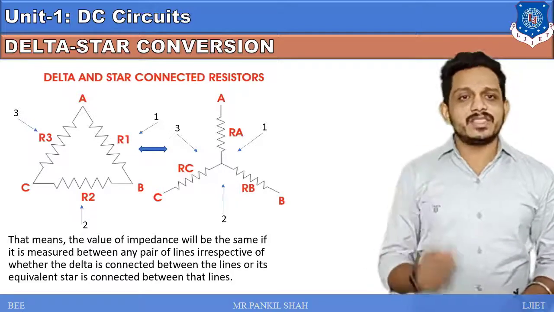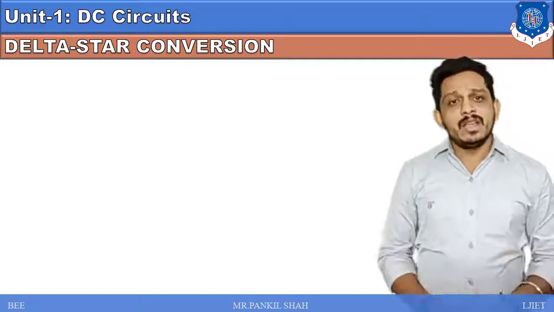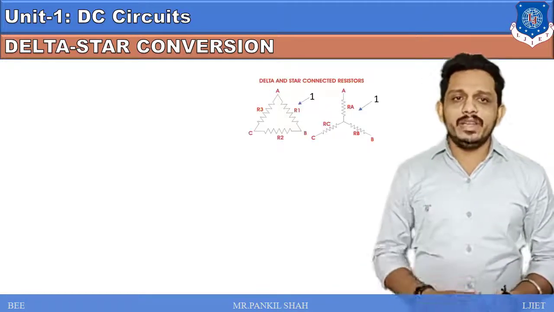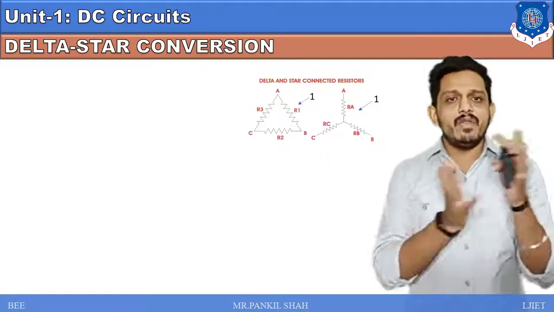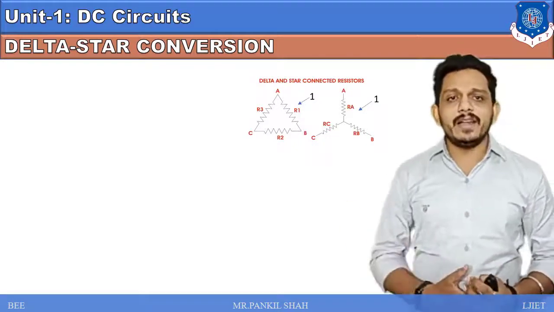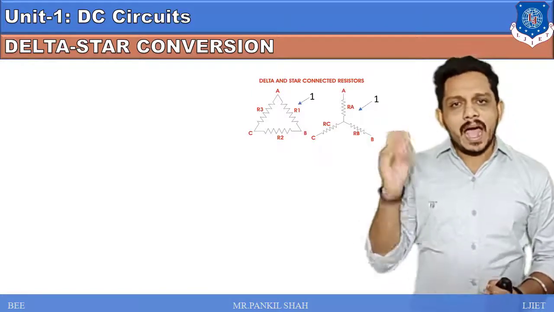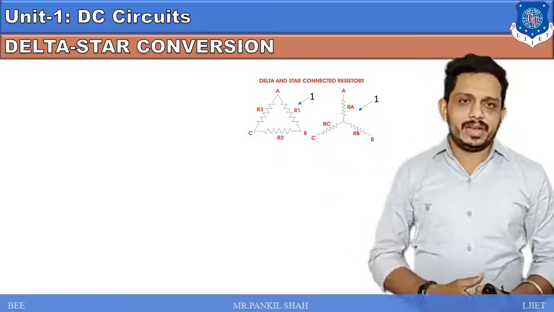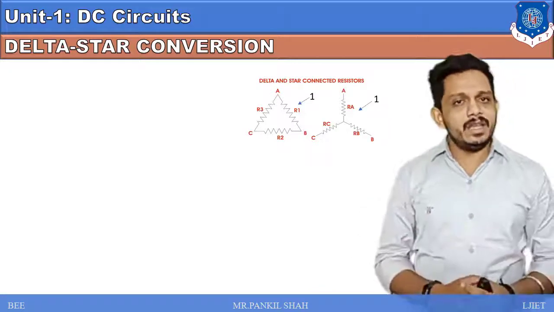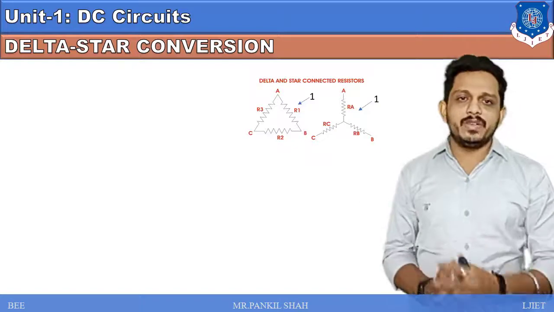So now let's first see how we can convert delta into star. So if we are assuming that a delta connection is given and we want to convert that delta connection into star, then in delta there are resistances given as R1, R2 and R3. R1 is the resistance between AB, R2 is the resistance between BC and R3 is the resistance between AC.